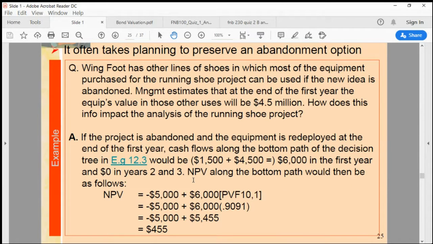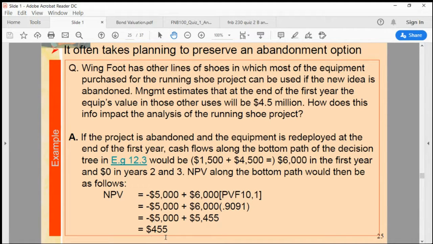running shoes, right? So NPV, net present value, along the bottom path would then be as follows: the initial investment, and then the present value of this 6 million.